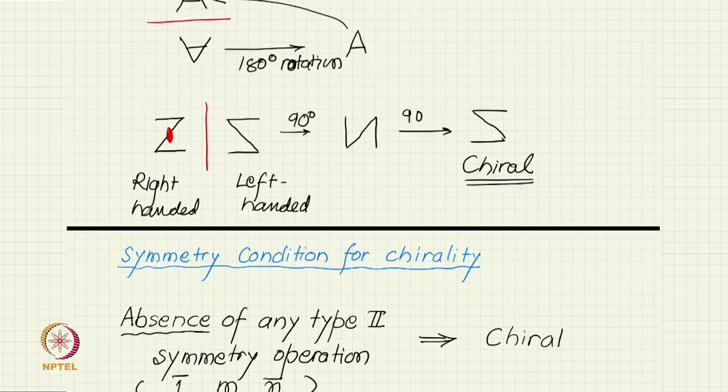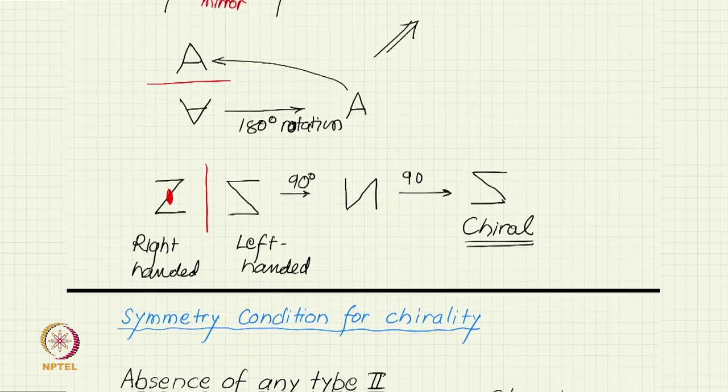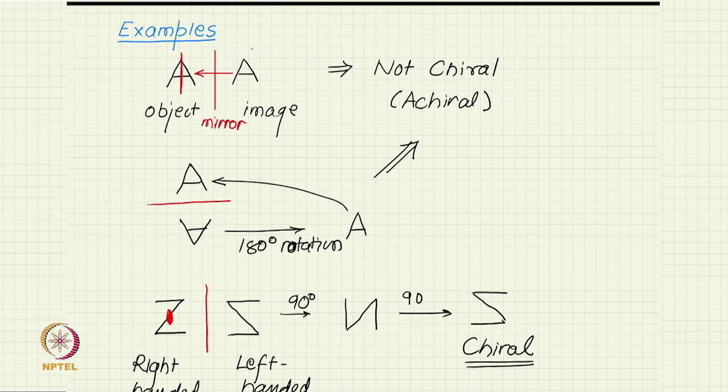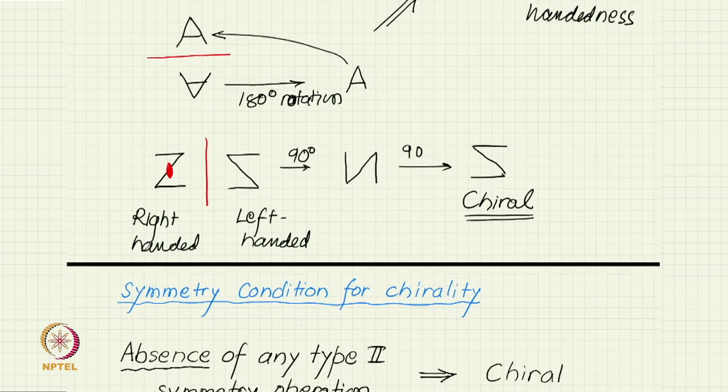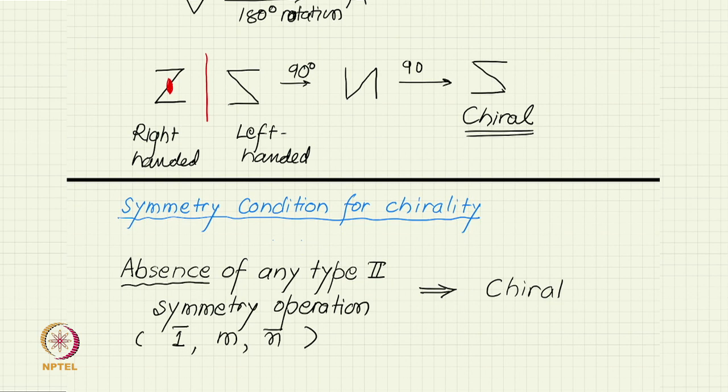So, there is a proper Z and there is an inverted Z, whereas an achiral object like A has only one form, it cannot have handedness.